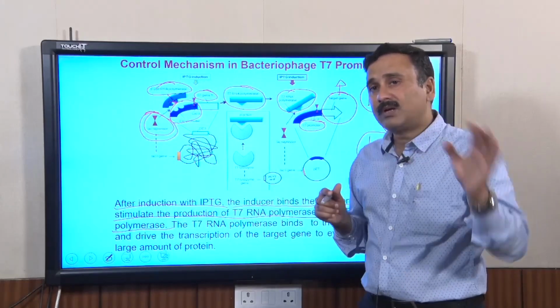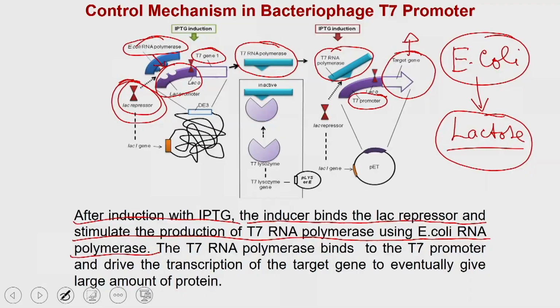So, to make it a tighter control, what people have designed is they have made two more plasmids, and in those plasmids they have overexpressed the T7 lysozyme gene. Once the T7 lysozyme gene is expressed, it is going to produce the T7 lysozyme, and this T7 lysozyme is going to destroy or inactivate the low level of T7 RNA polymerase, which is being produced under the influence of lactose present inside the E. coli.